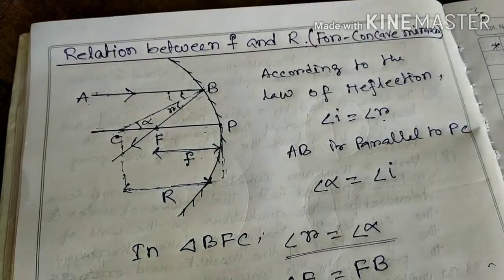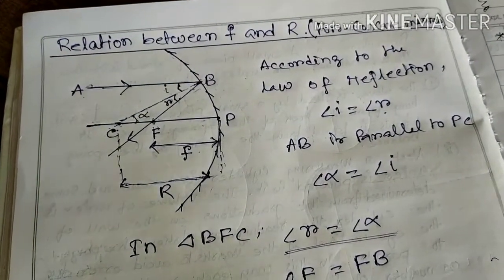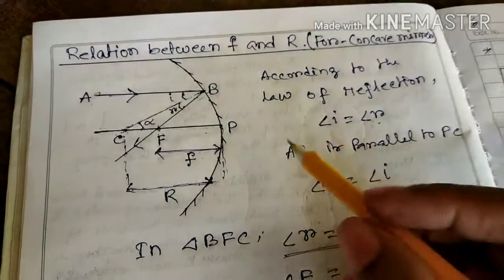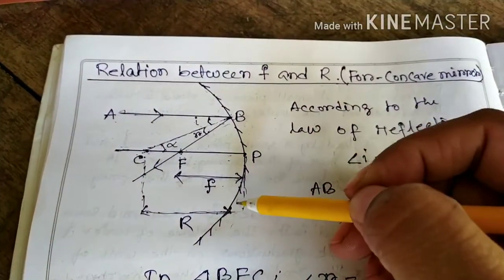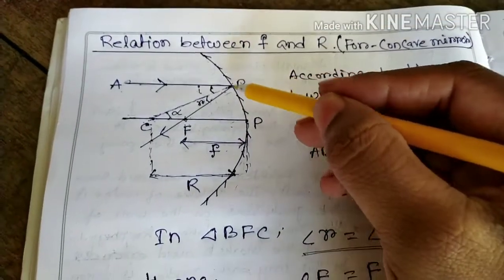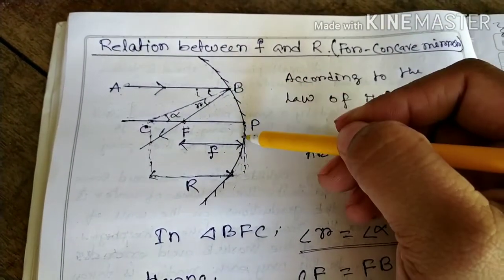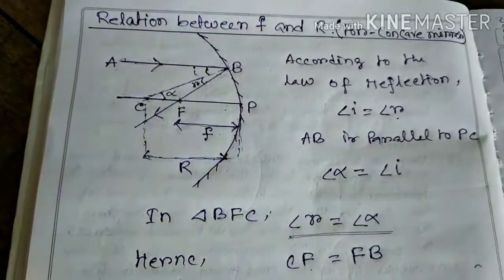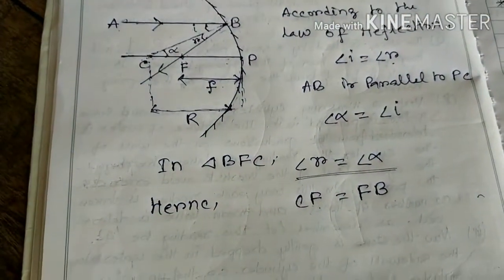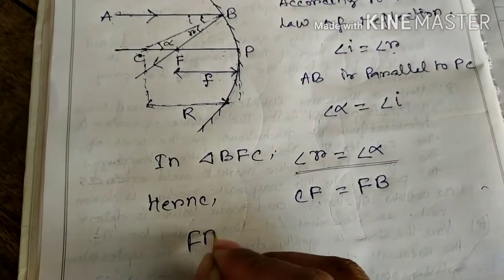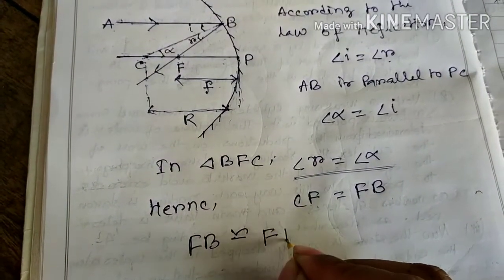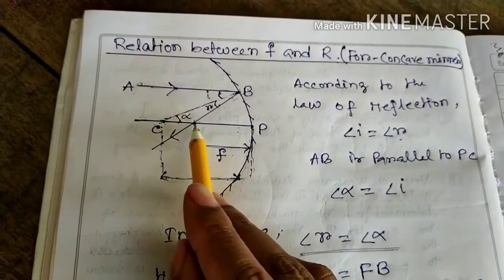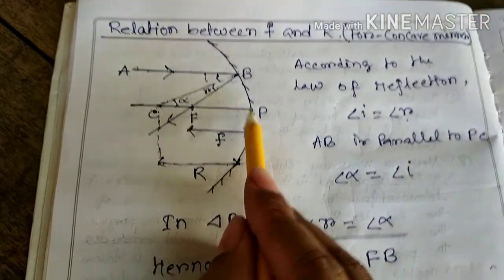Now, if we consider that this mirror has a small aperture, then FB is nearly equal to FP.